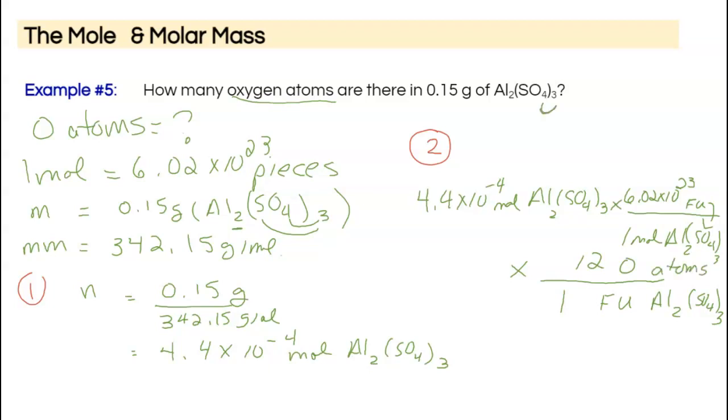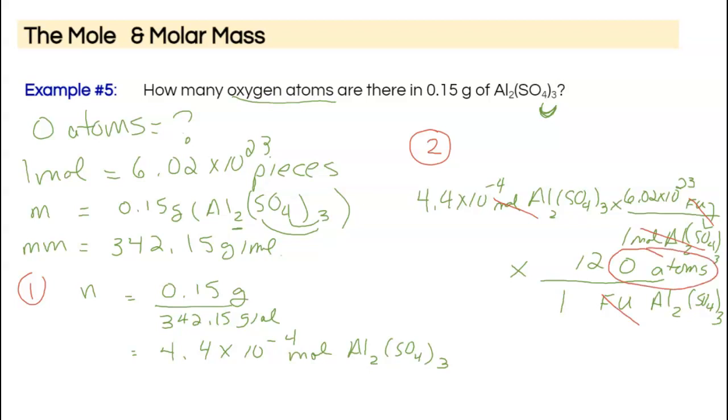Remember that? 4 times 3. And so let's look at my unit analysis. I can see that I am canceling out moles of aluminum sulfate. I'm canceling out formula units here. And the only unit that I'm left with is oxygen atoms.